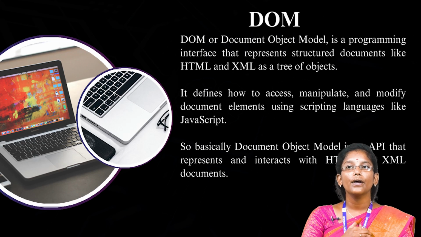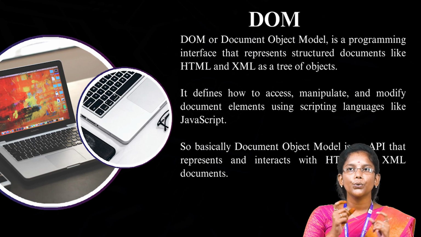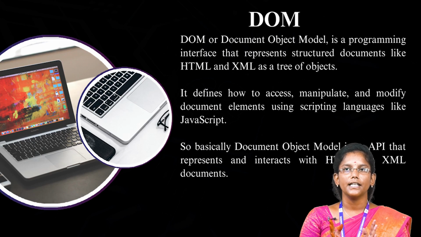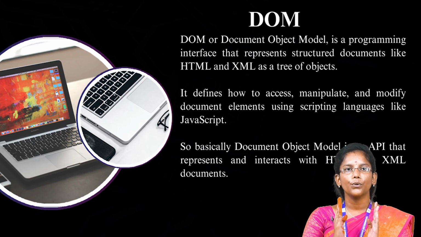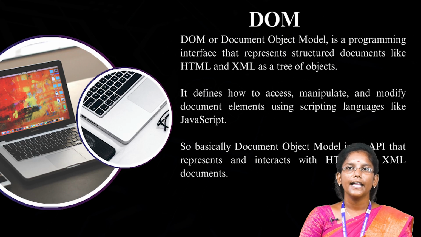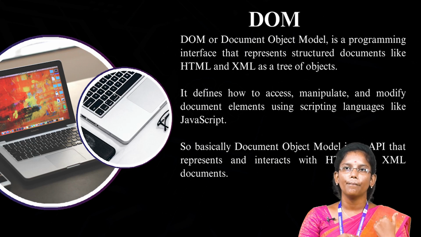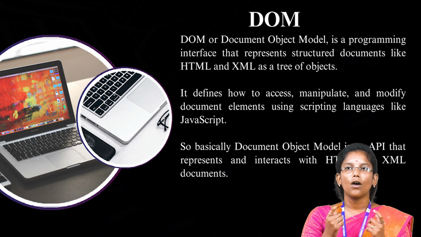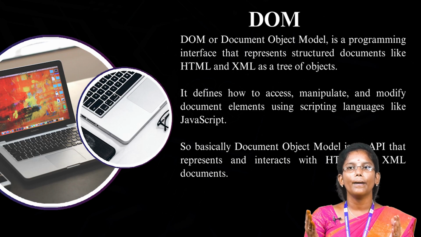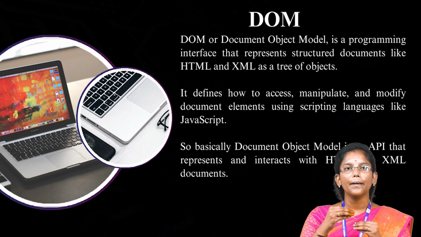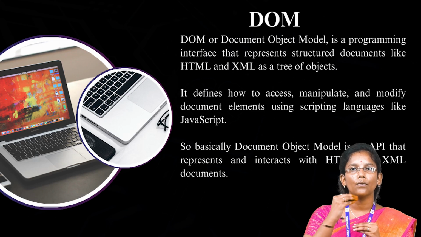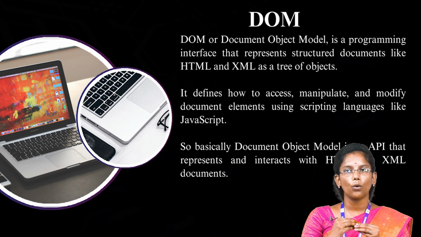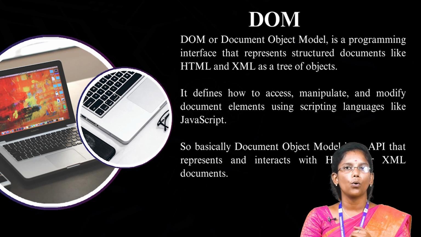Why is DOM required? HTML is used to structure the web page and JavaScript is used to add behavior to our web pages. When an HTML file is loaded into the browser, JavaScript cannot understand the HTML document directly. So, it interprets and interacts with the DOM, which is created by the browser based on the HTML document.